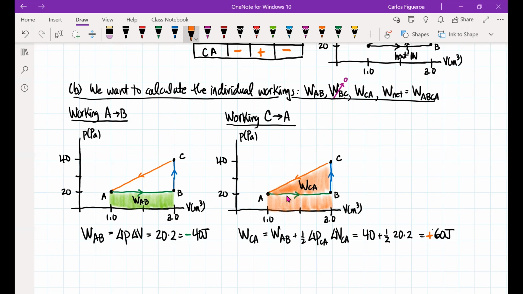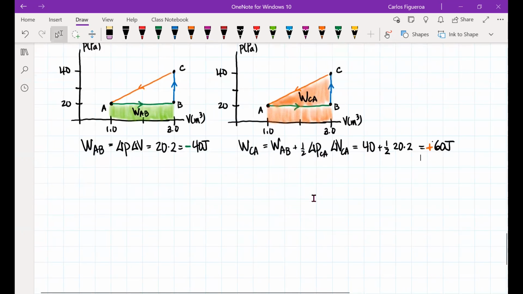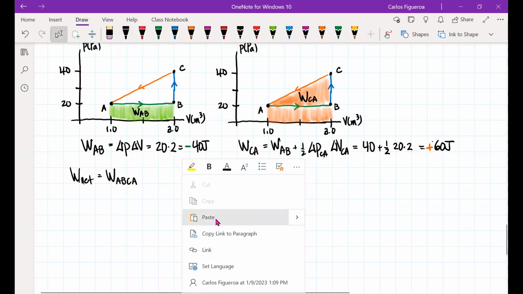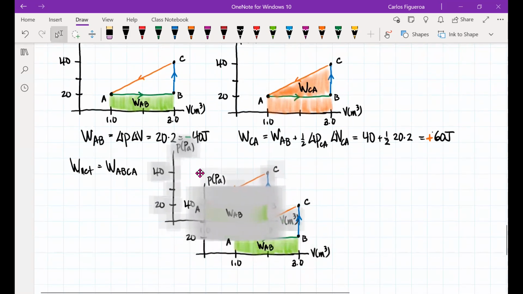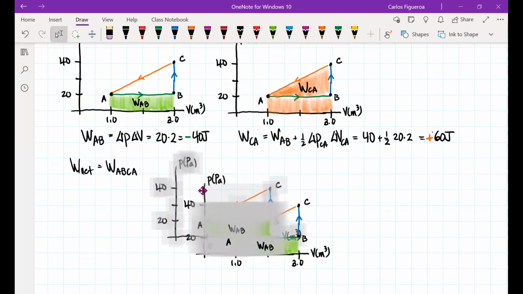And then finally, I want to get the net work, and the net work should be the work from A, B, C, A. So if I look at that work, what picture do I actually see here?